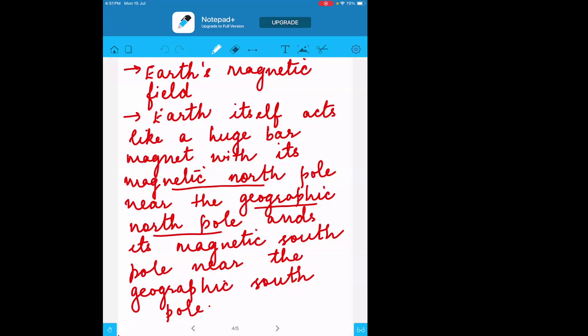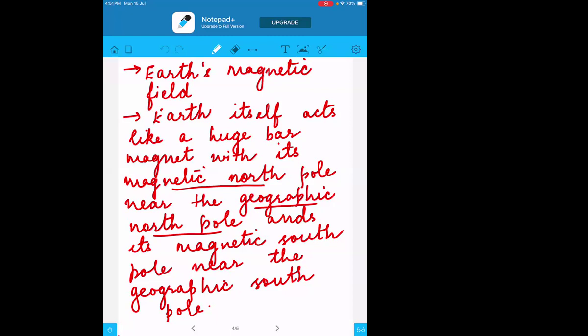Ma'am, means the magnet's South Pole will indicate the Earth's magnetic North Pole, and the North Pole will indicate the Earth's magnetic South Pole. Correct. It's opposite actually. So then only you will find the attraction, right? That is why it is opposite.